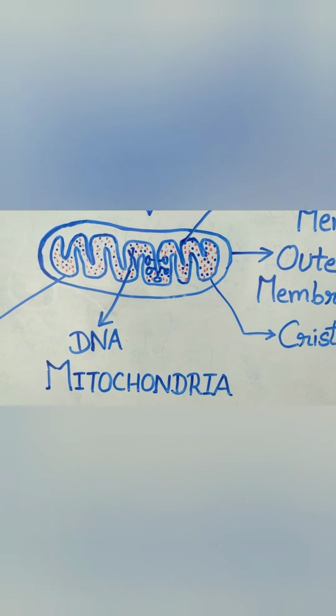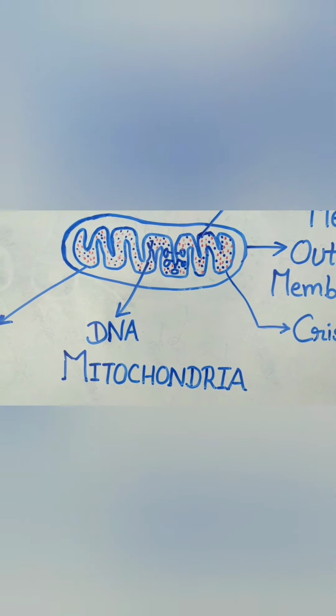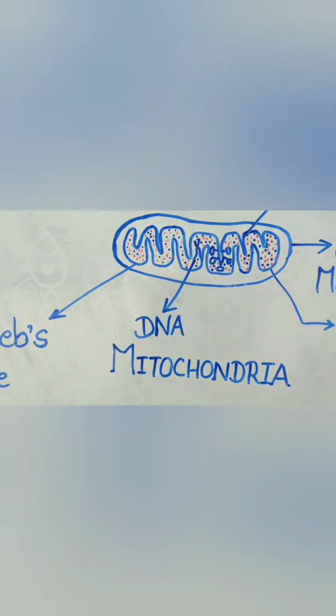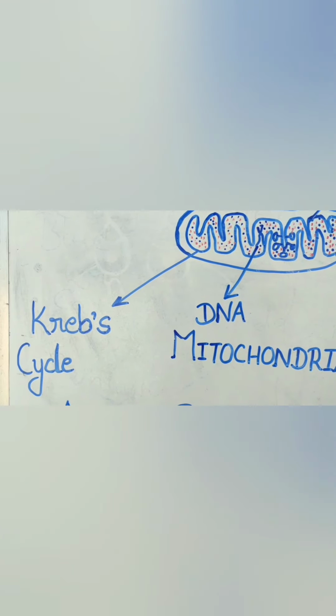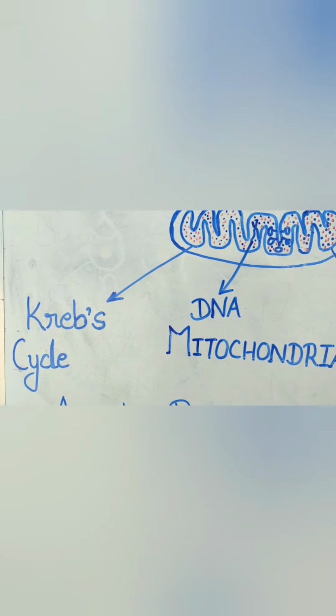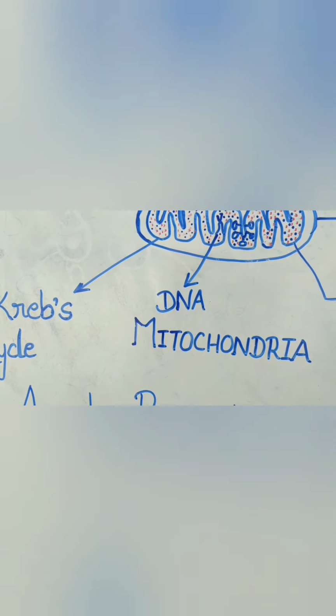This is the location where the next part of cellular respiration takes place, called the Krebs cycle. So the Krebs cycle and glycolysis are the 2 parts of aerobic respiration, which takes place in the presence of oxygen.